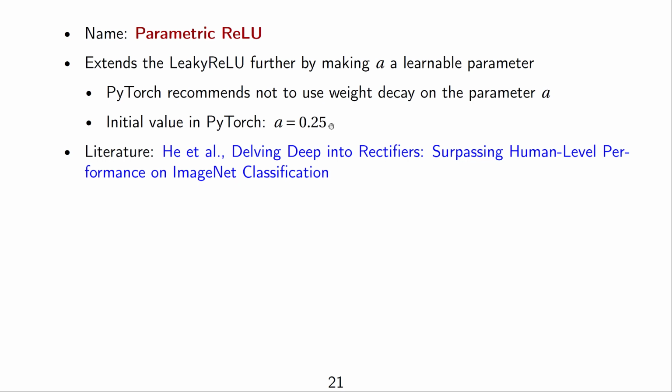The initial value in PyTorch is 0.25 by default, and also a hint on regularization. This would be, for example, a parameter where you would like to use a different type of regularizer. For example, PyTorch recommends to have no regularizer on the parameter A. There's a paper that describes this idea, and you can look at this paper by clicking on the link in the course notes.